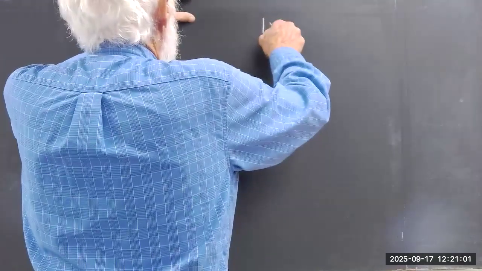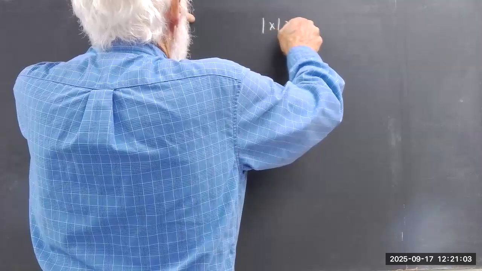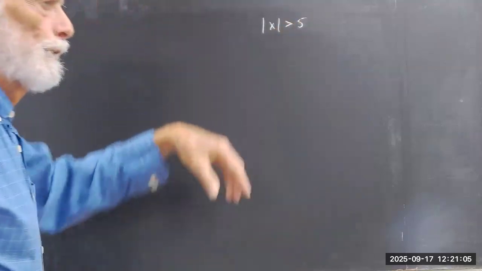One more thing we haven't looked at: absolute value of x greater than 5. We've only got a couple of minutes, so I'm going to just say this, and then you can let OpenMath make it clearer to you.